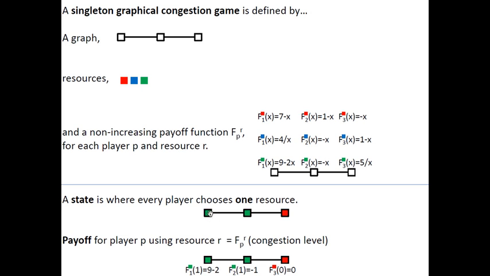Their congestion level is 1, because we just have one neighbour using the same strategy. And F1 of green is the function 9 minus 2x. So this guy gets a payoff of 9 minus 2 within this particular strategy profile. And if you want, you can pause this video and check that the other payoffs are as specified.